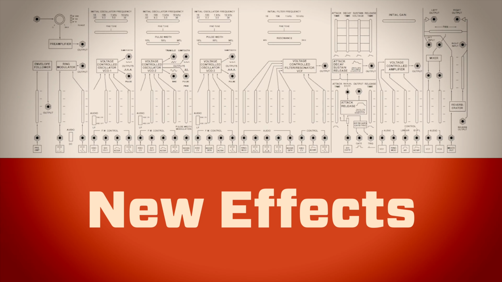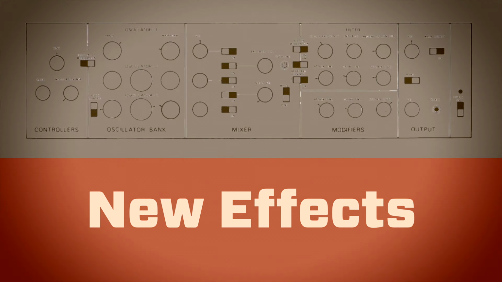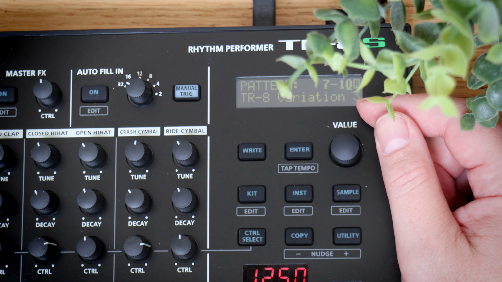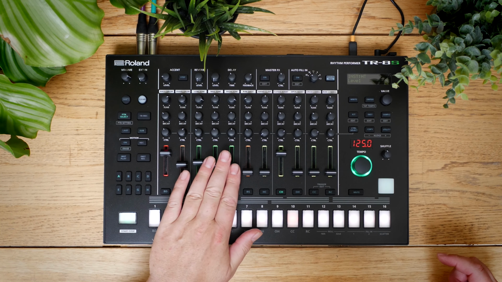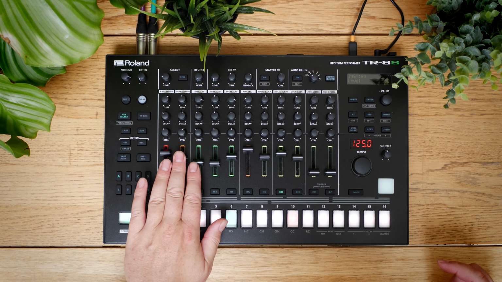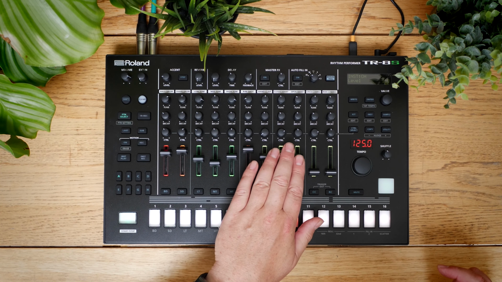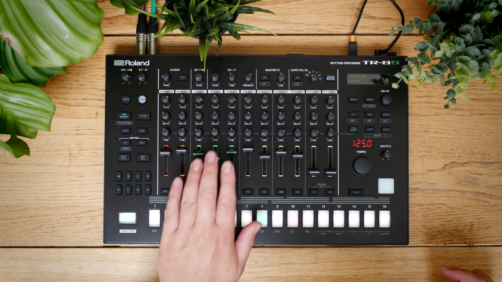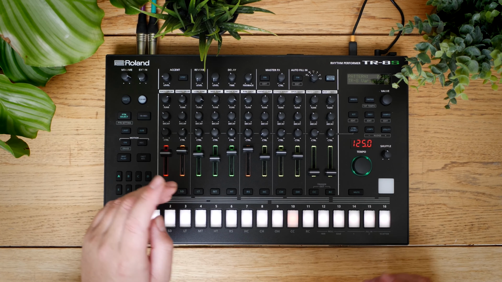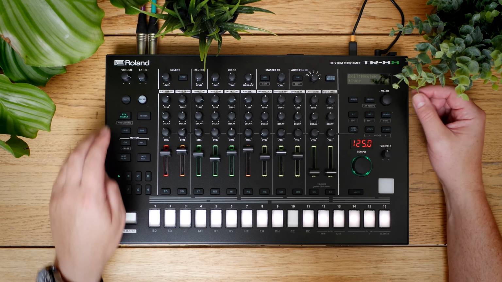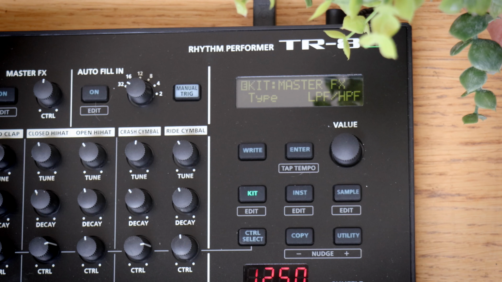Cool. And then the final ones are the effects. And I'll just go down to this nice 808 pattern. And this sounds lovely with the new tone fattener. If we go to Shift and edit the master effects. Oh, let's move this plant out of the way.